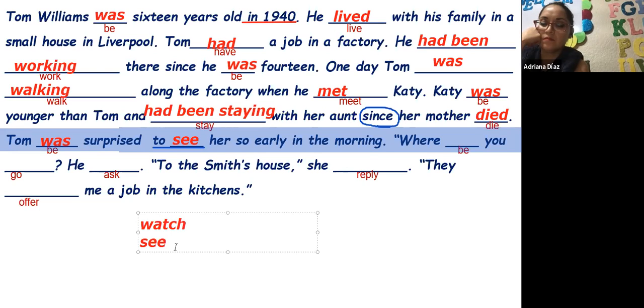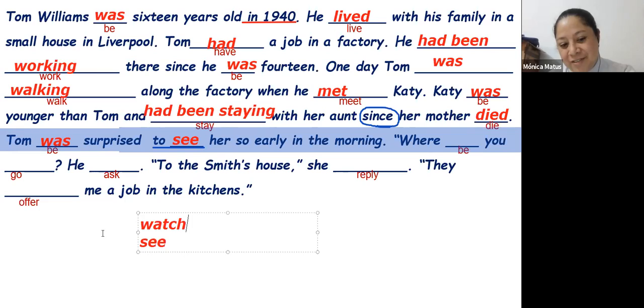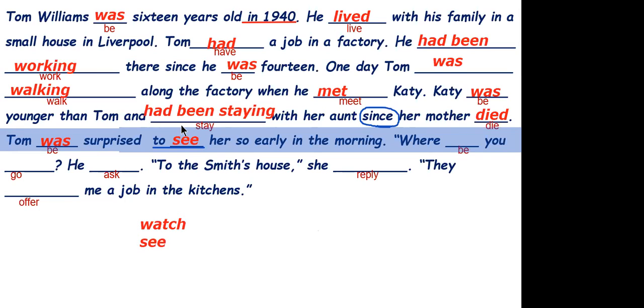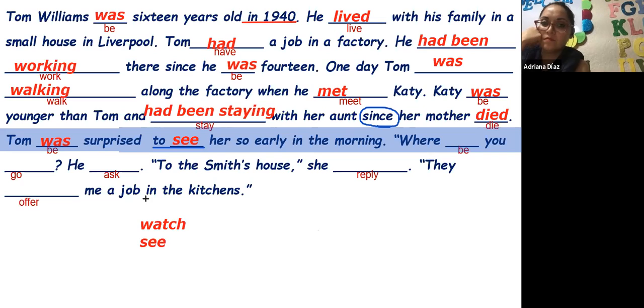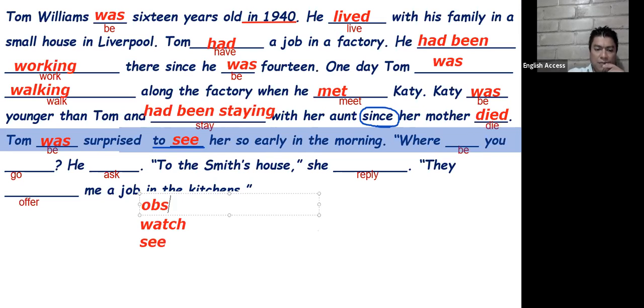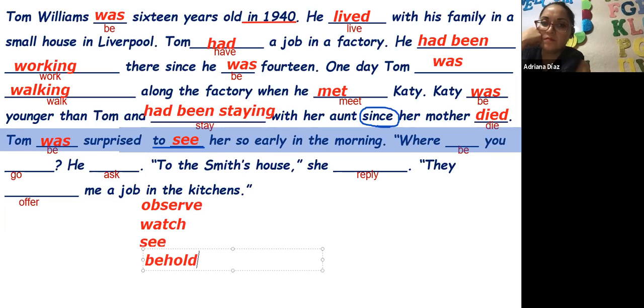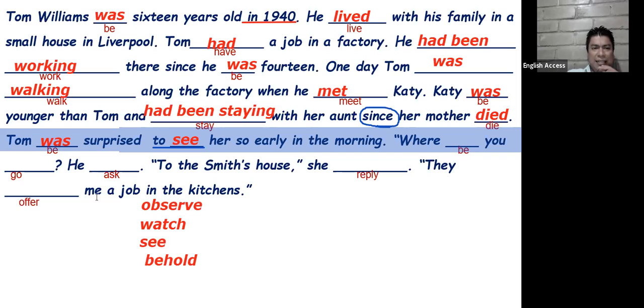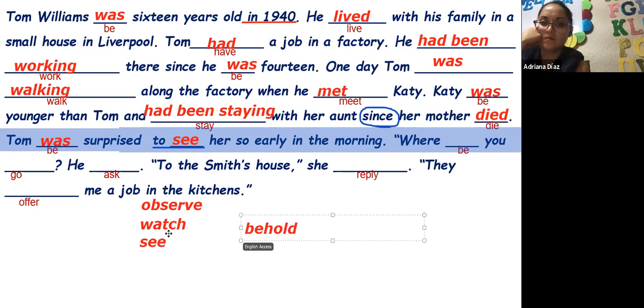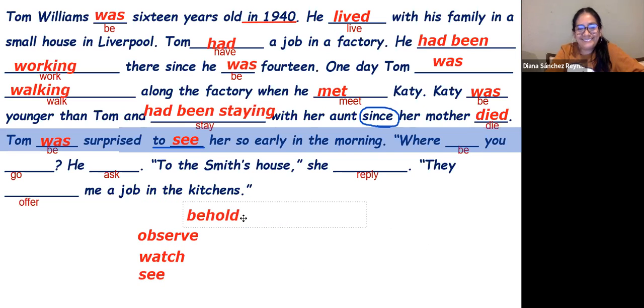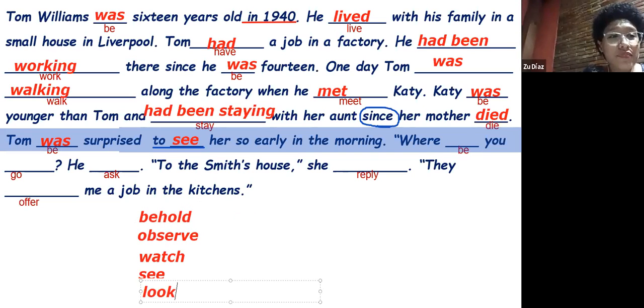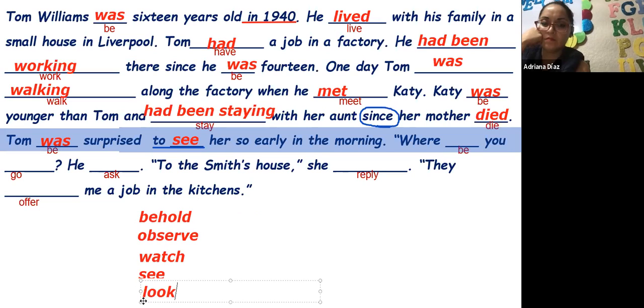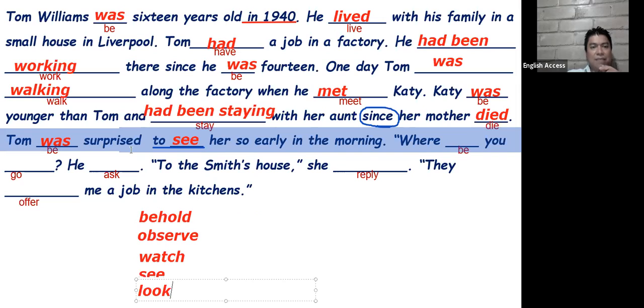No. That was the question, the first question. We have the other one, observe, when you have time. And we also have behold. For a long time, you watch. All right. So how can we say this in categories? And look. Glance. A glance. Yeah, it's even better. Glance.